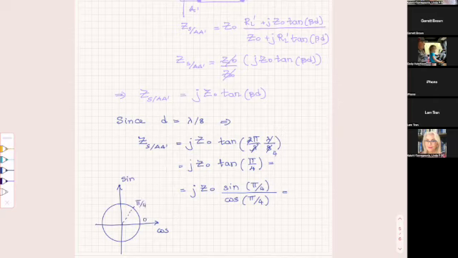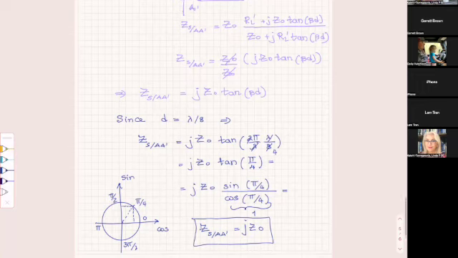Yes, 0, pi over 2, and then pi, 3 pi over 2, and so forth. So sine and cosine are equal here, so it's 1. So we have that Z sub S at A prime is 1 times j Z naught.